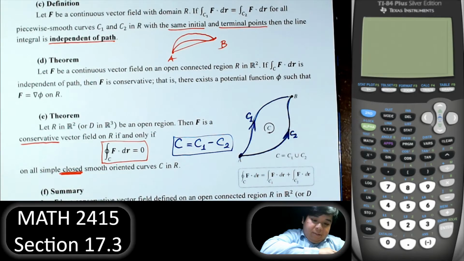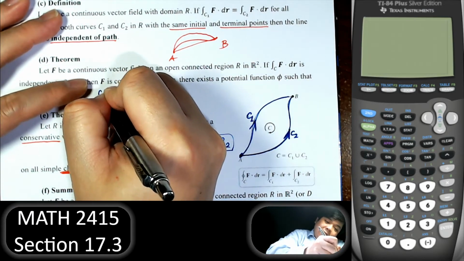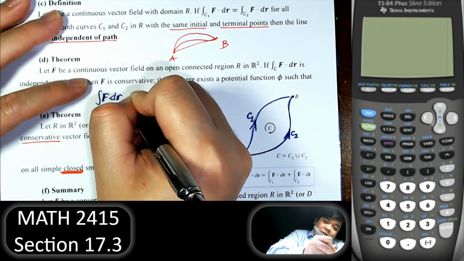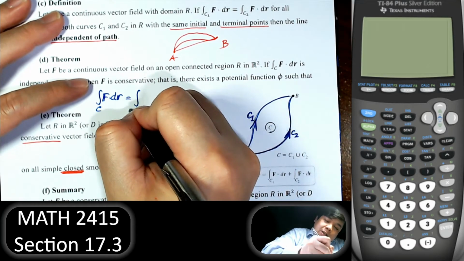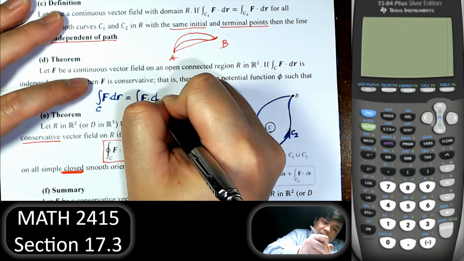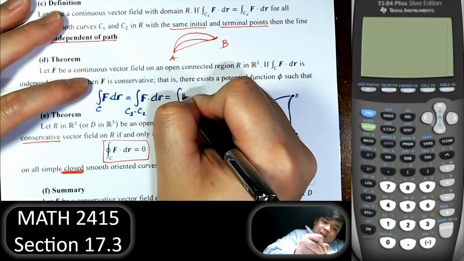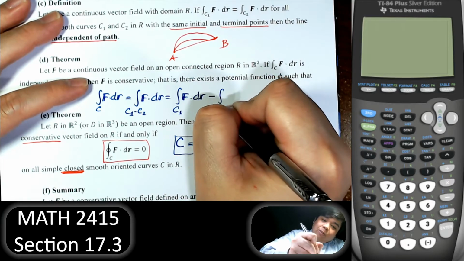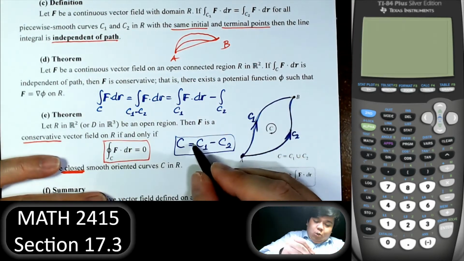Right. So let's just write the line integral. I'm not going to use the circle because now I'm going to split it into C1 minus C2. And that equals the line integral on C1 minus the line integral on C2.